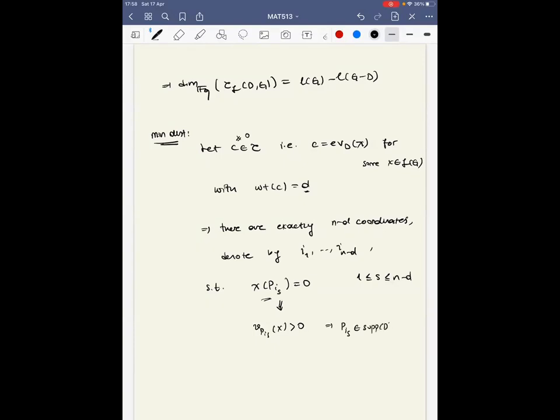Then for x in L of G, if we apply the definition of the Riemann-Roch space, together with this definition and this assumption, we will see that the principal divisor of x can be written as bigger than or equal to minus G plus pi1 up to pi n minus d.